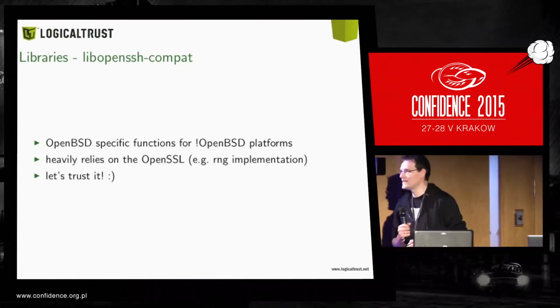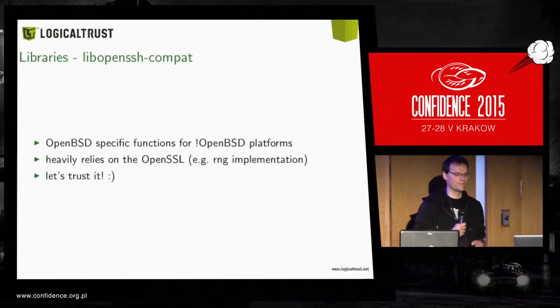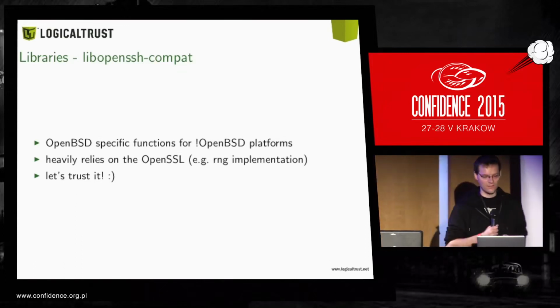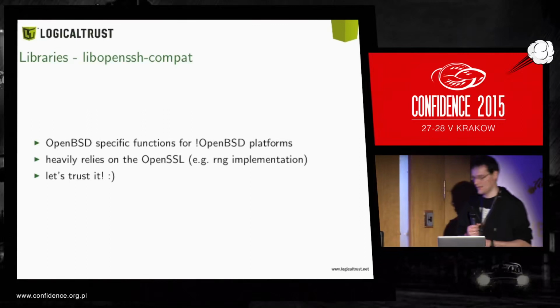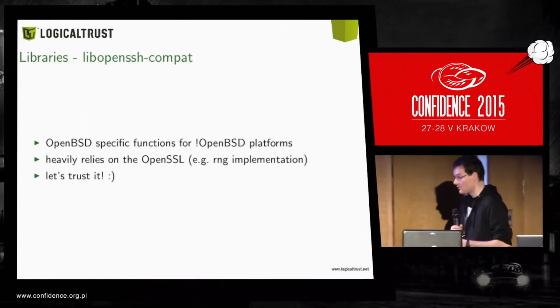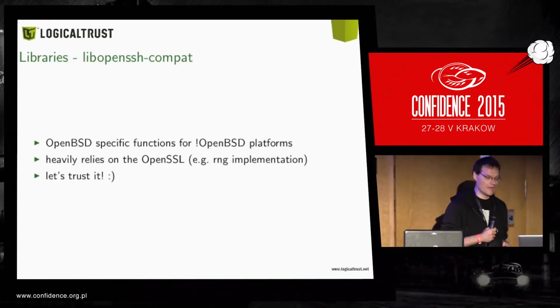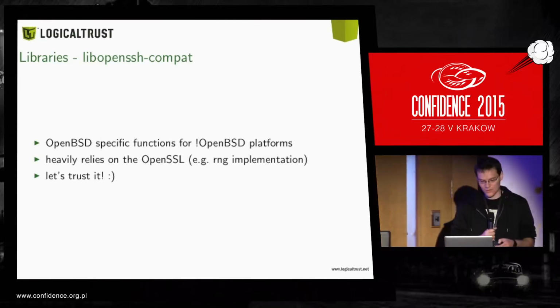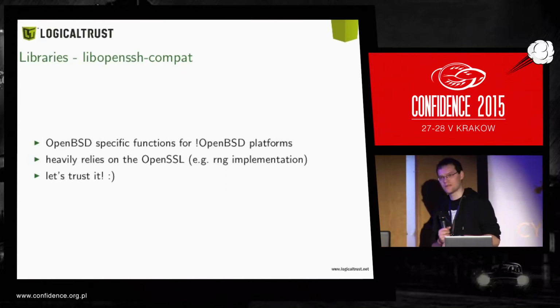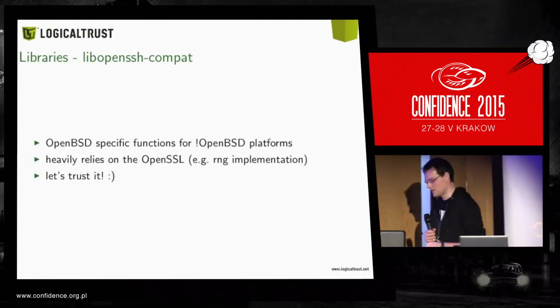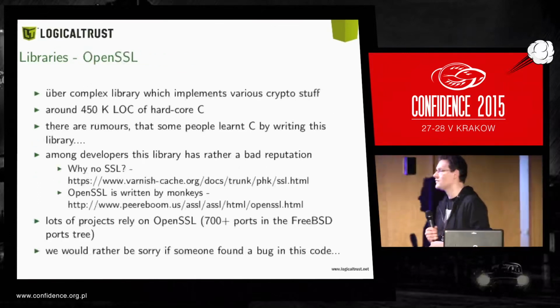So they decided to write some kind of glue which implements those functions for other platforms. And this part of the code heavily relies on OpenSSL. So let's see if OpenSSL is broken. If OpenSSL is broken, then this library will be broken too.